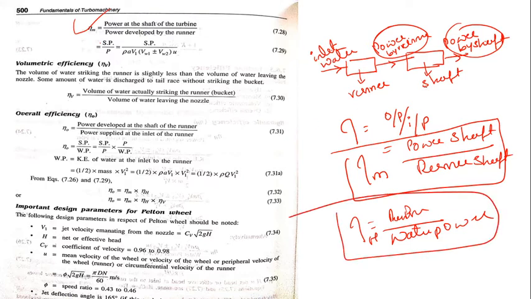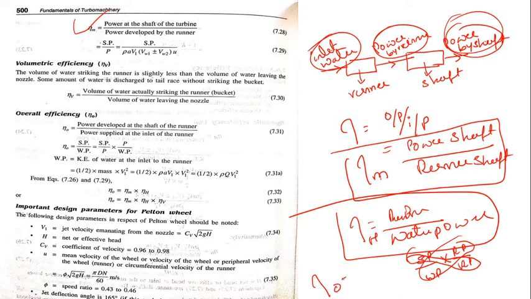What is overall efficiency? If I divide the power developed at the shaft to the inlet power, that is shaft power by water power, I get the overall efficiency. Now if I divide and multiply by runner power, the shaft power by runner power gives you the mechanical efficiency, and runner power by water power gives you the hydraulic efficiency.